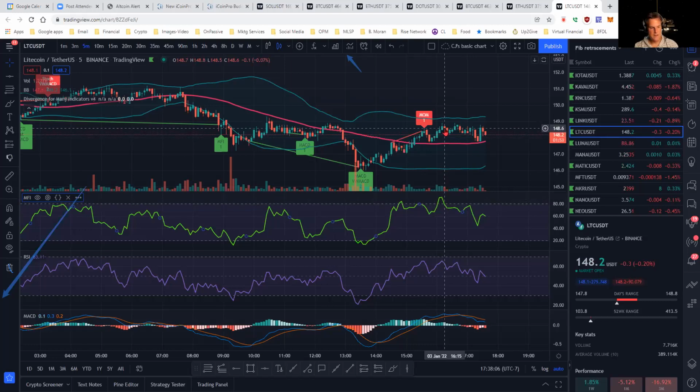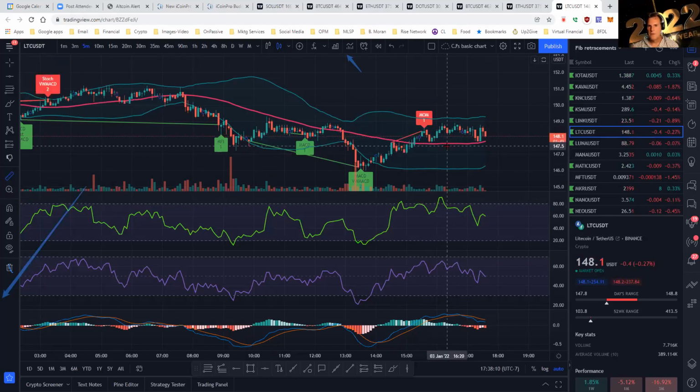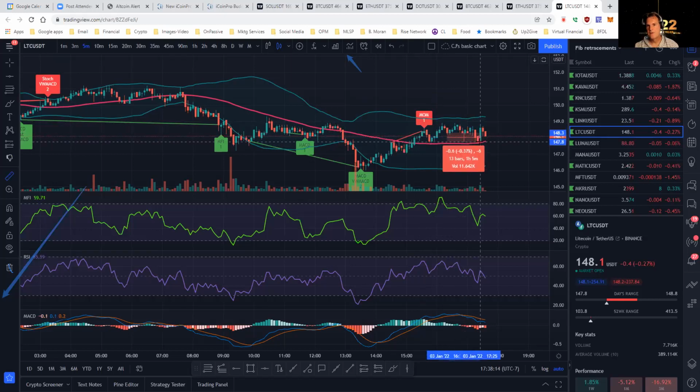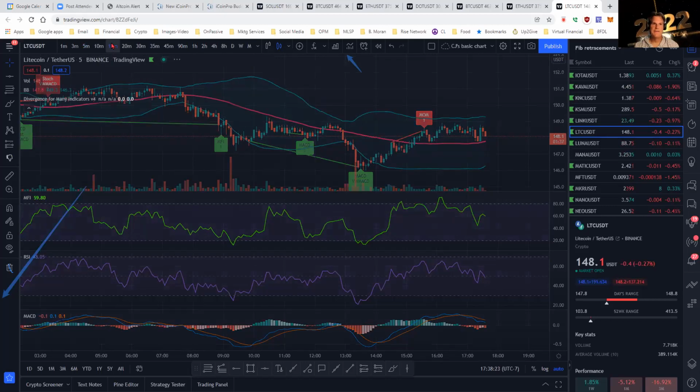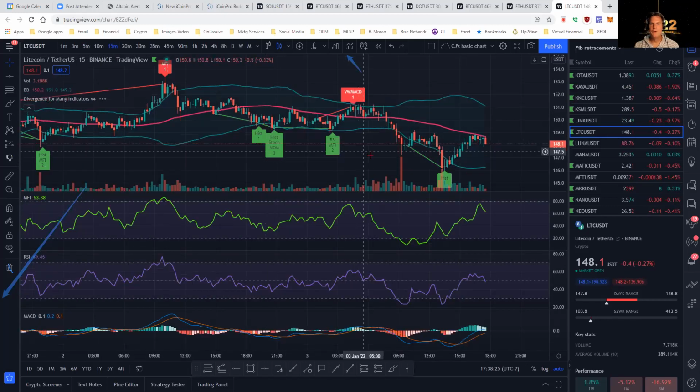So you get in around here. It might be too small to see, but it does go against you at first, then it drops down here, 0.3% on a 5-minute chart, not bad. But again, I gotta get used to switching to the 15-minute chart. You're going to want to do most of these alerts on some of the larger time frames if you're trying to get, say, 2, 3, 4%.